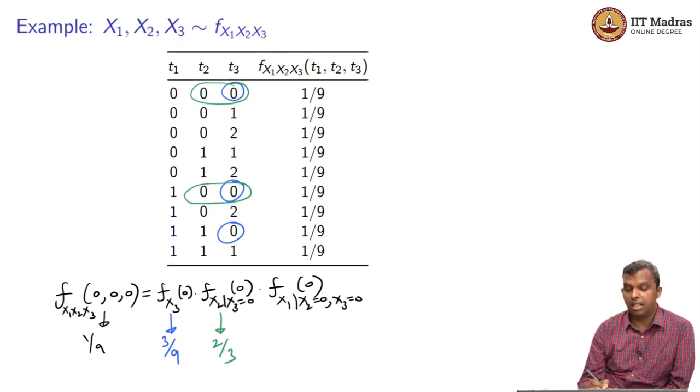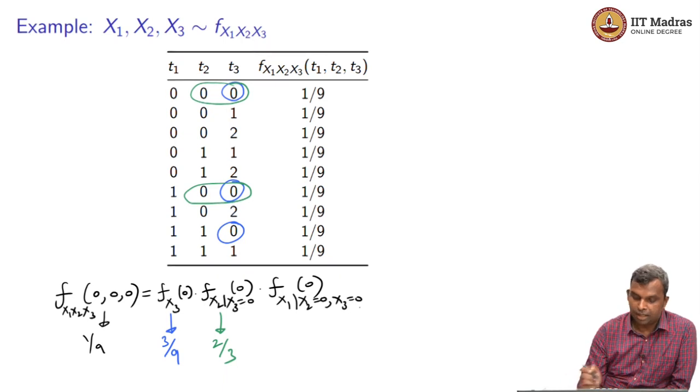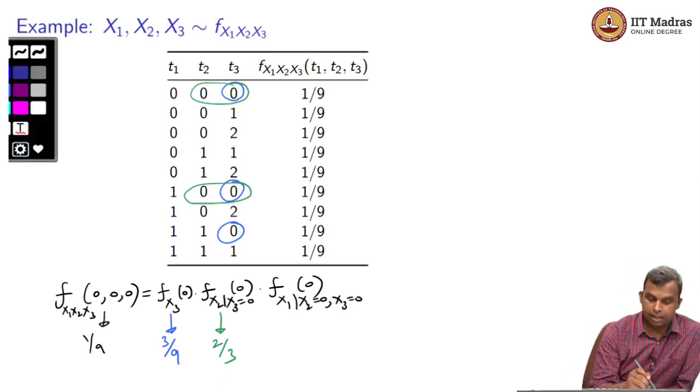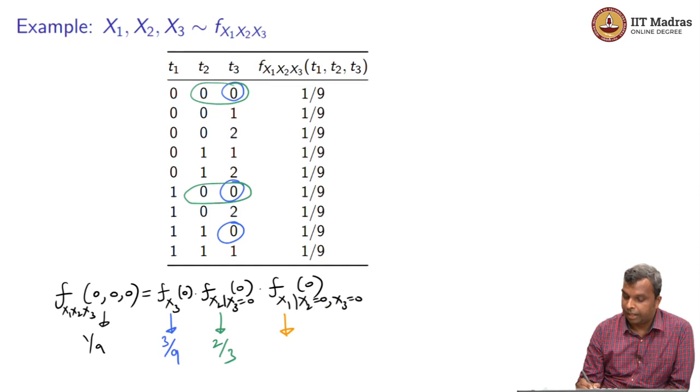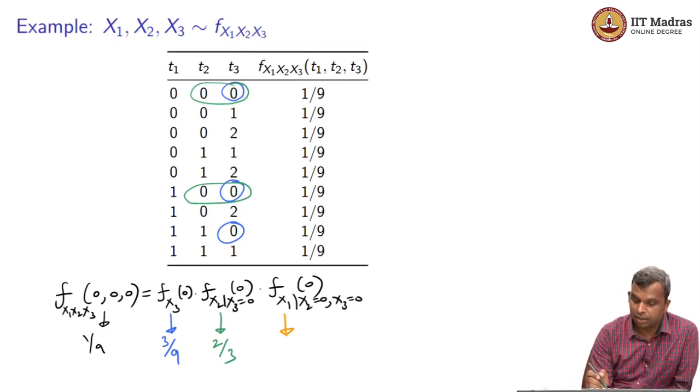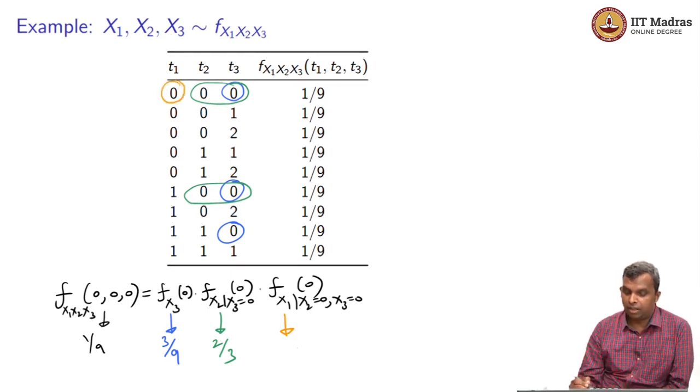So 2 by 9 divided by 3 by 9, you get 2 by 3. Let's come to this last case. x2 is 0, x3 is 0, that's what I had in green here, and if you look at that case, that is the case when x1 is 0, so that works out to be 1 by 2.